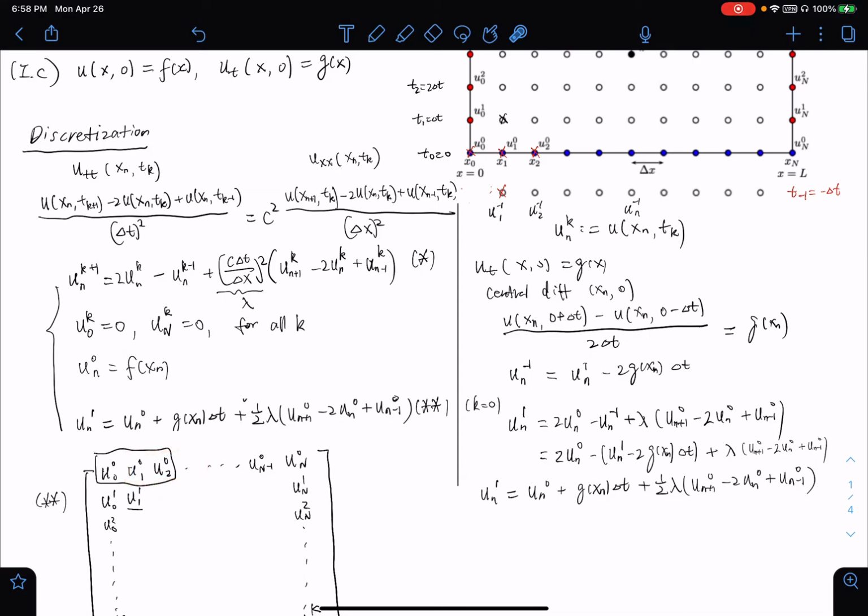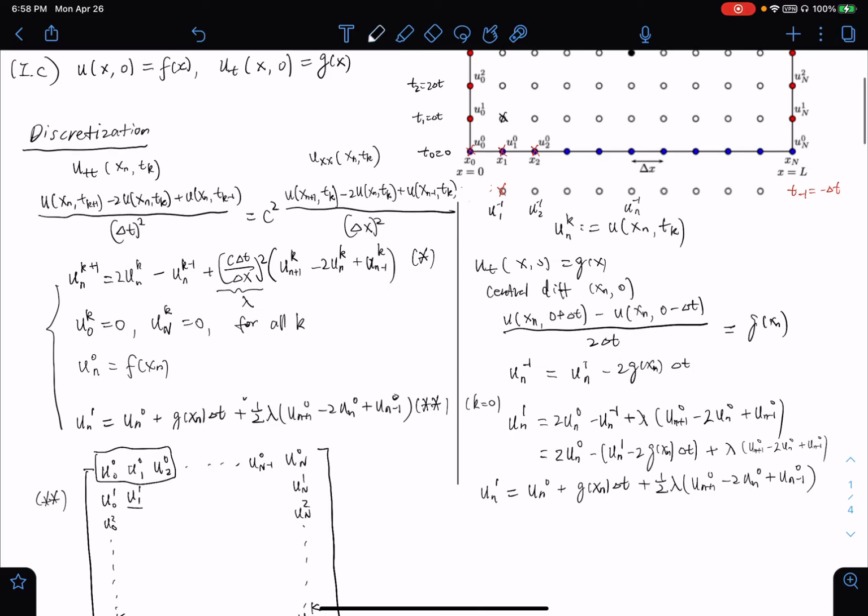Once we have the values on the first two rows, in other words, the u values of the first two initial time steps, then we can use the recursion formula star, where we can calculate, for example, u at x_1 at second time step by these four values, right?